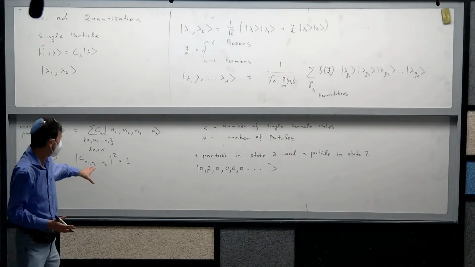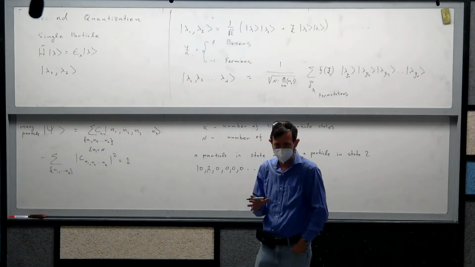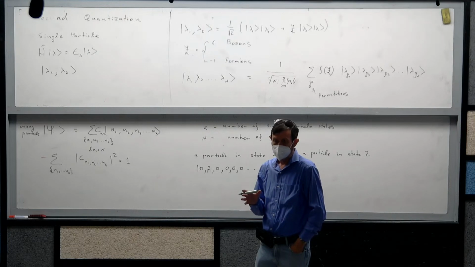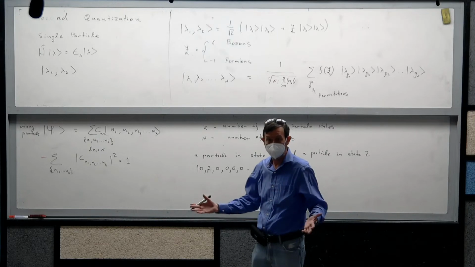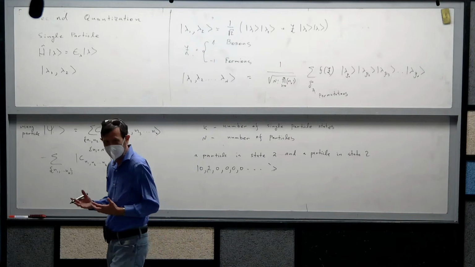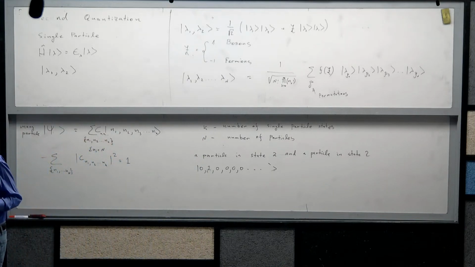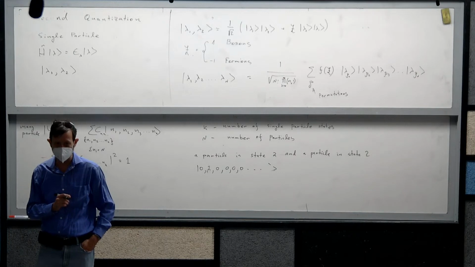But this is general: choose a single particle basis. I don't care which one you choose. If you choose something inconvenient, you'll have problems solving the problem, but from the point of view of description, no problem at all. Whatever single particle orthogonal basis you choose, you can give the particle description.